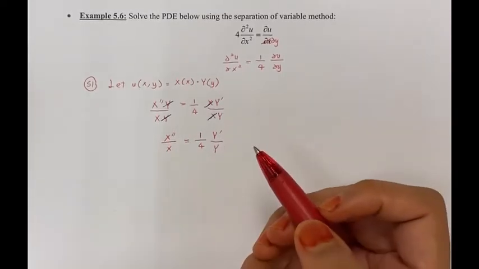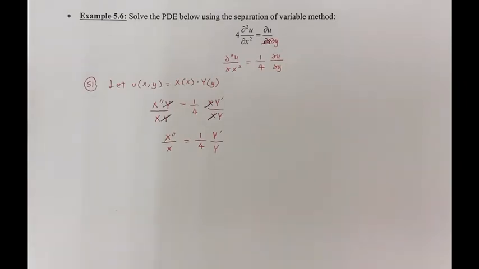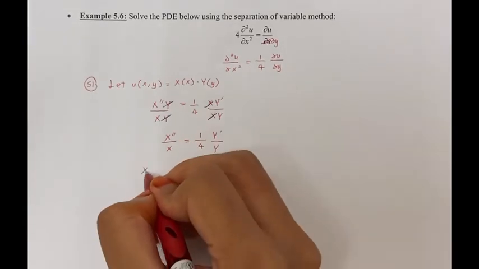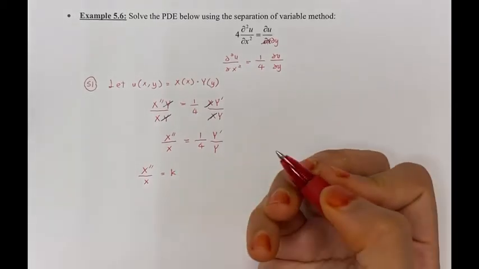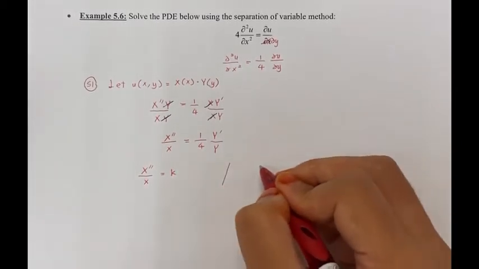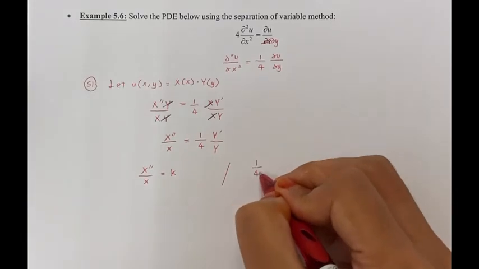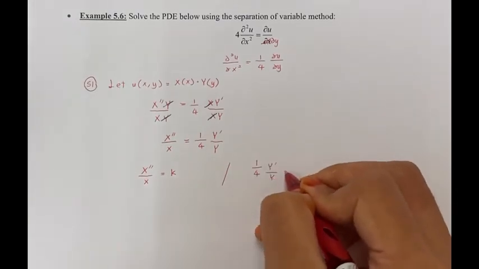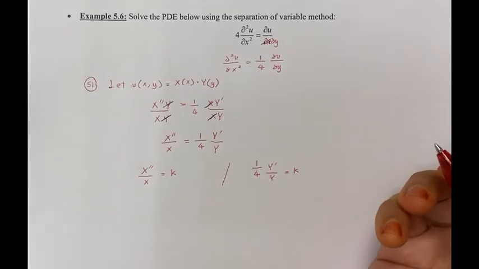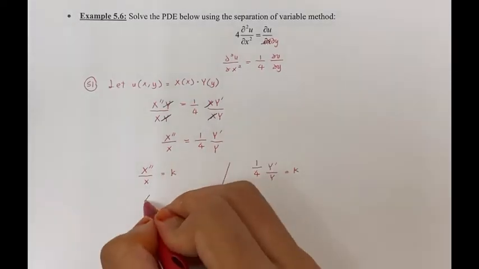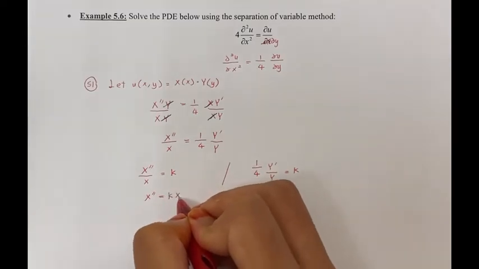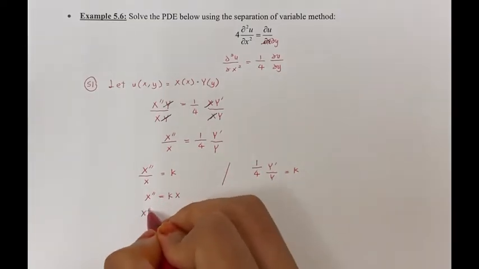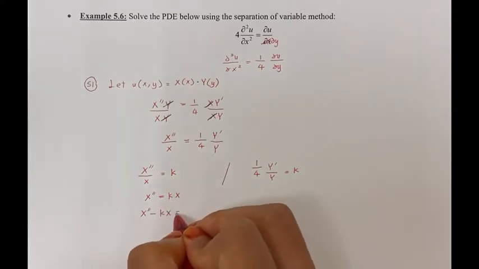The next step is you need to rewrite the separated equation as two ordinary differential equations, meaning that X double prime over X, you let this be equal to k. And on the other side, you have 1 over 4 Y prime over Y equal to another constant k. So X double prime equal to kX, and X double prime minus kX equal to 0.